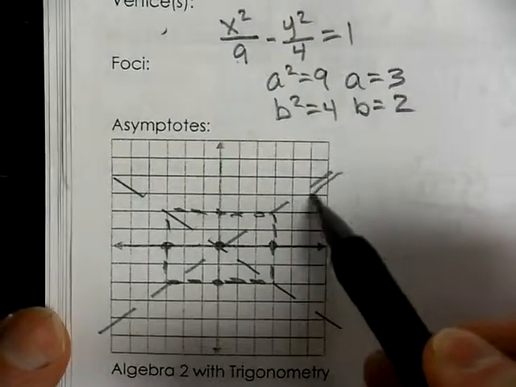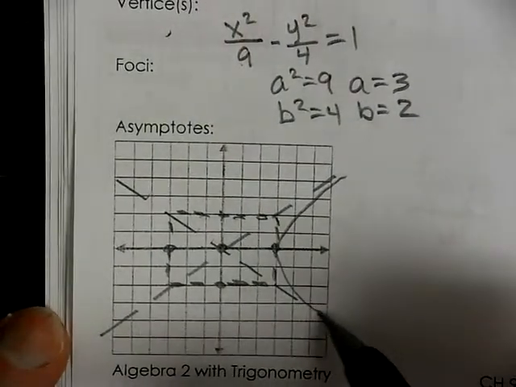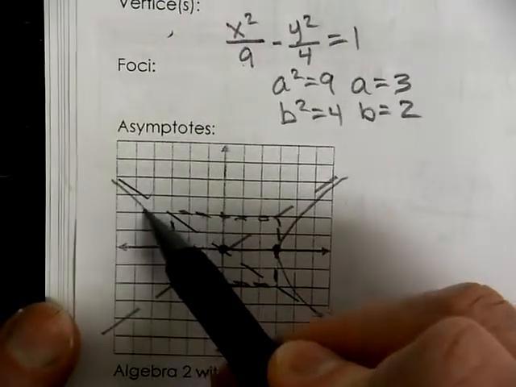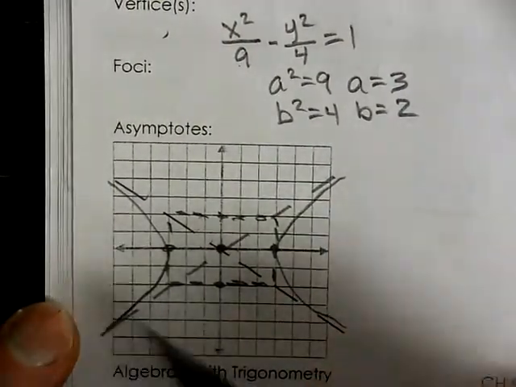Then we don't have to plot any points. We can just curve this around so that they follow the asymptotes.